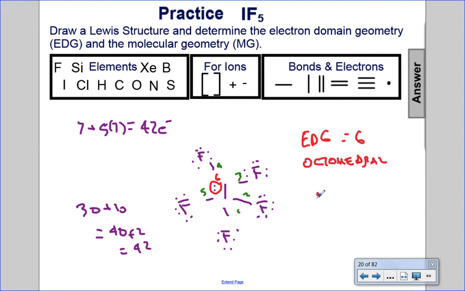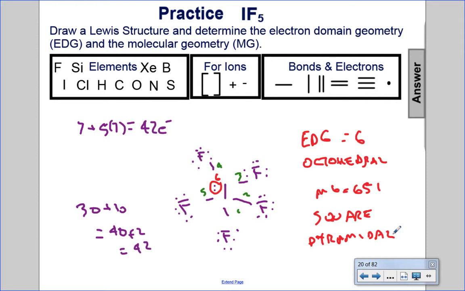Now, the molecular geometry equals 6, 5, 1. 5 bonds around the iodine, and a 6th unbonded pair. So the 5 is for the bonded pairs, the 1 is for the unbonded pair. And if we look at the chart, 6, 5, 1 is square pyramidal. And see, I've been doing this so long that I basically have the shapes memorized.